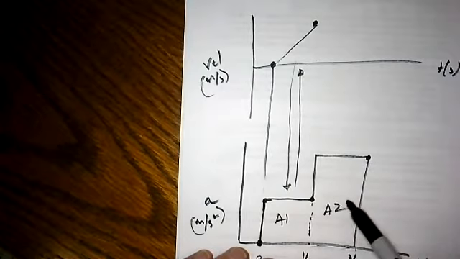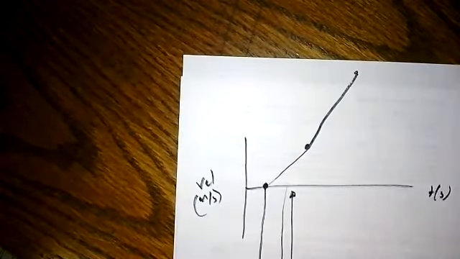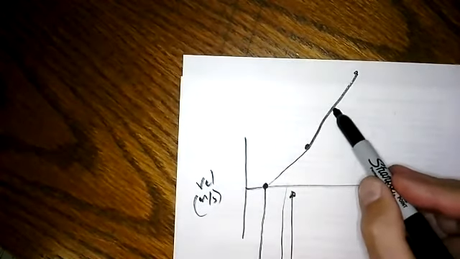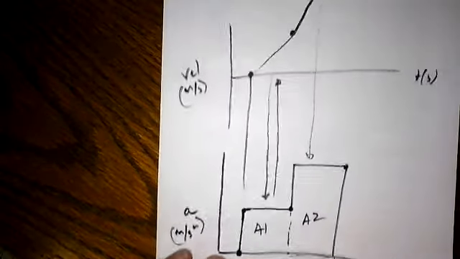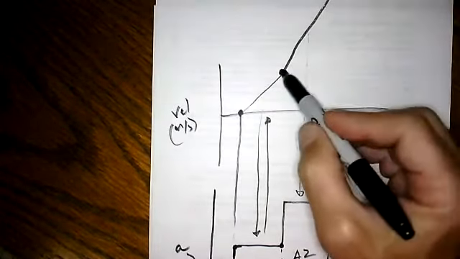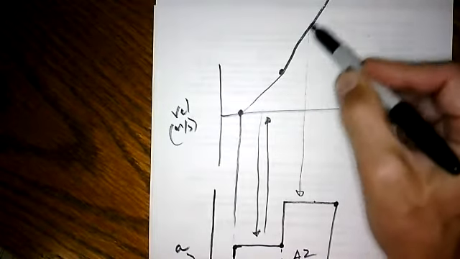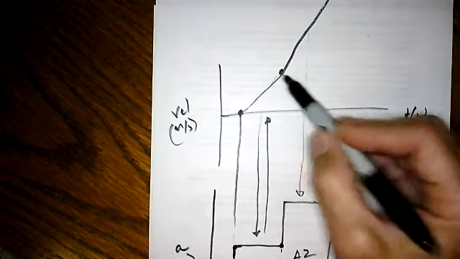Now this is a bigger area, so that means this is going to be a bigger slope. So I'm going to draw this up here, something like that. If I take the slope of this line, I get the magnitude of acceleration. If I calculate the area in this, I get this section of the curve, and all I'm going to do is add that section of the curve to my previous section.